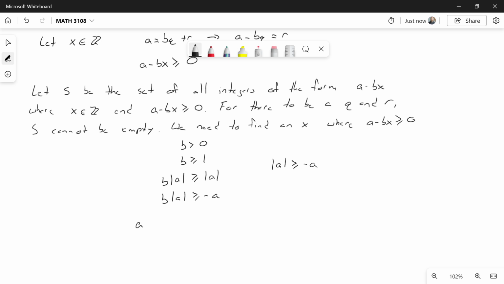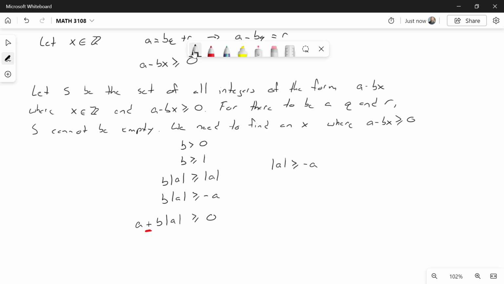So I'm going to have A plus B times the absolute value of A is greater than or equal to 0. Now this looks very, very close to what we're dealing with because we want A minus BX to be greater than or equal to 0, but right now we have that pesky plus sign, so it's not in exactly the right form.